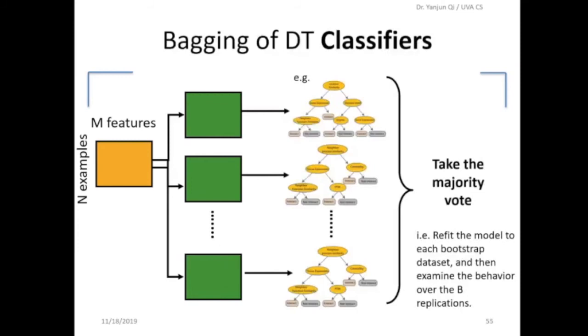On each, you grow a tree. Then when there's new testing data, you feed the data into each of the trees, and you use the majority vote from all B trees as the final decision. This is called bagging trees.